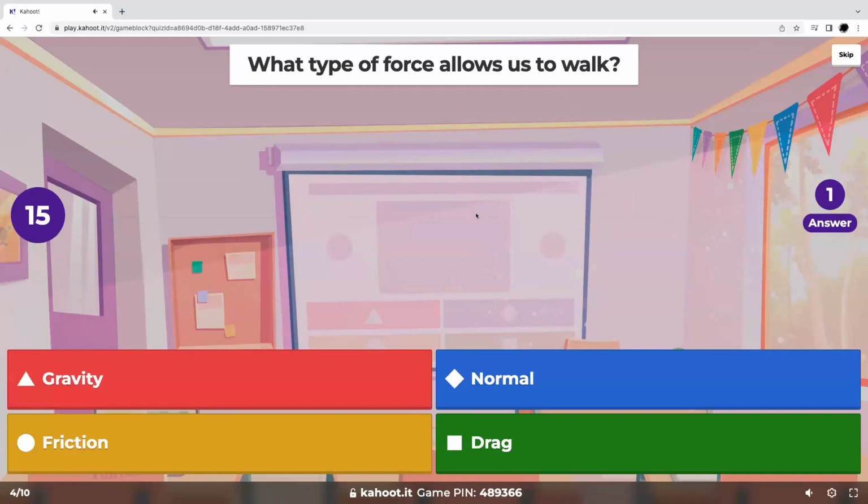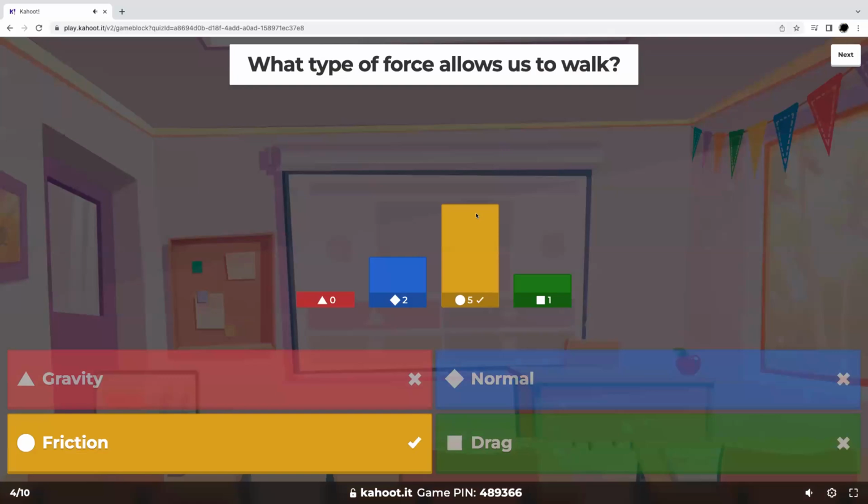This is going to be looking at whether you understand what the forces actually do. Consider that when we're walking, we're trying to move forwards. So what kind of force actually prevents us from just walking in place infinitely? Drag doesn't work here, because that's air pushing back against us as we walk, so that's not going to help us very much.